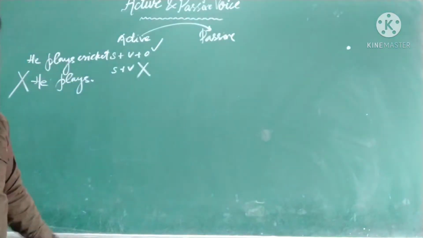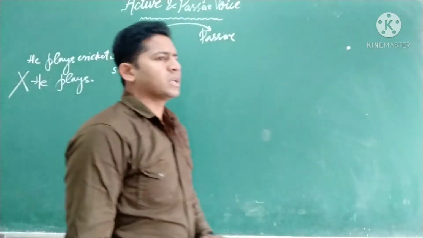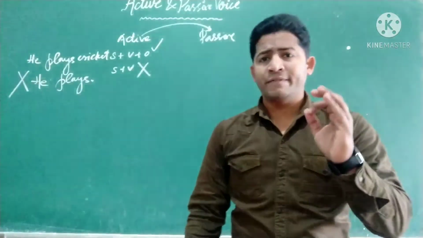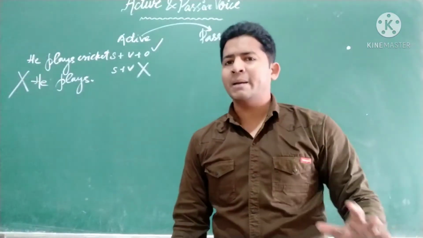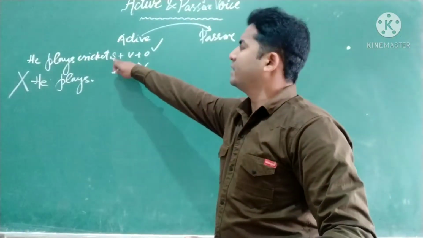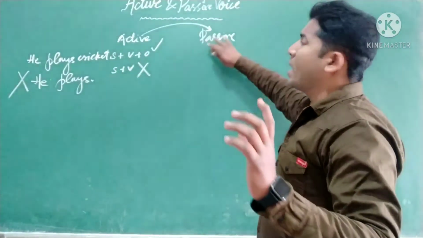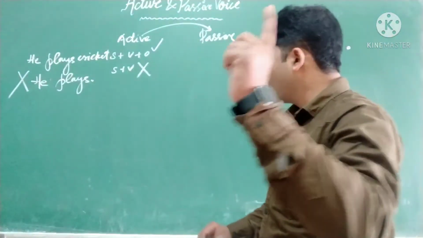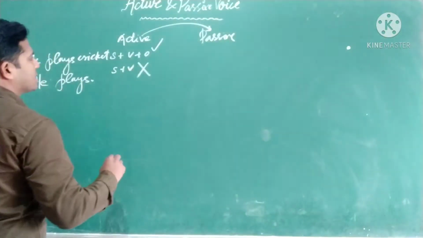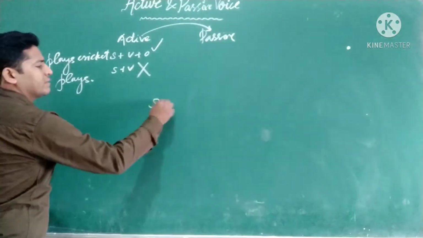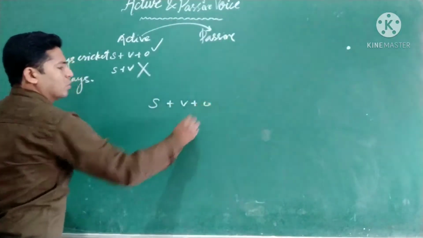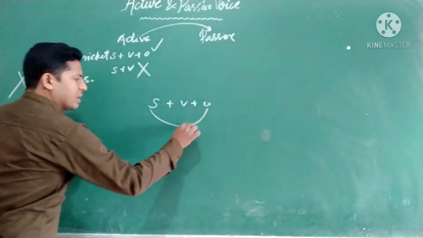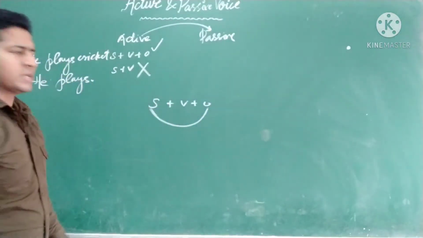Right? Understand this, my dear students. If a sentence is declarative and written in active in this structure, to convert to passive you need to follow certain steps. Step number one: the active sentence is S plus V plus O. You need to interchange the positions of subject and object.